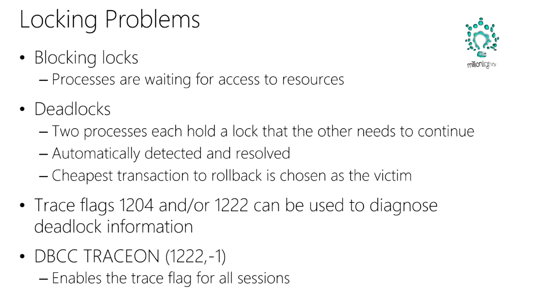In this case, trace flags 1204 and 1222 will spit out lots of additional information about what's happened when a deadlock was detected. So what we would typically do, if you know that you frequently get deadlocks, is enable these trace flags permanently, so you could analyze the outputs and work out and resolve these deadlocks.